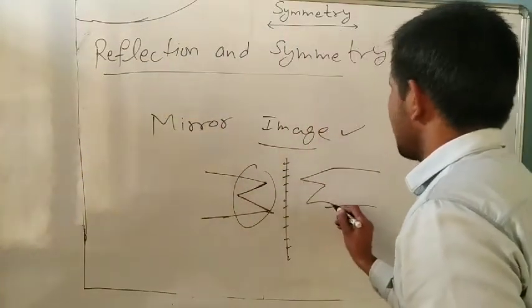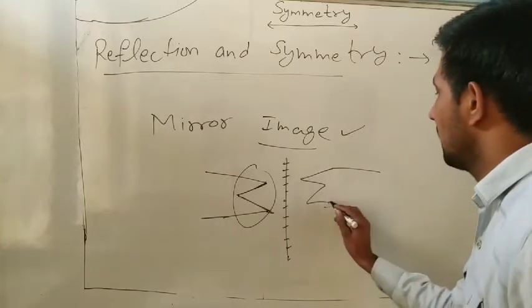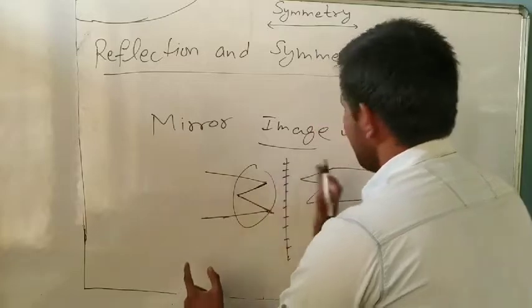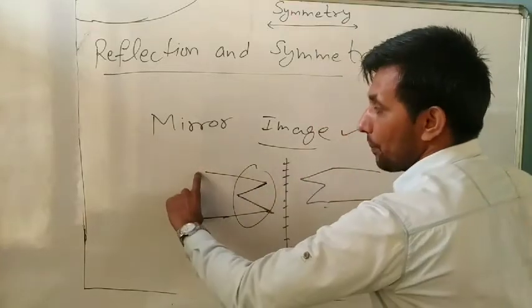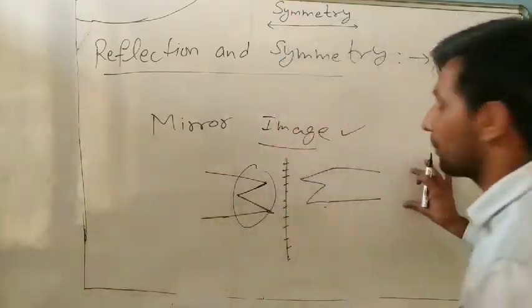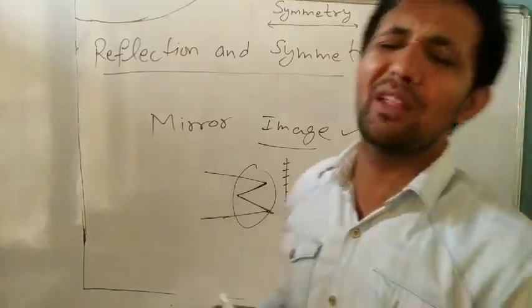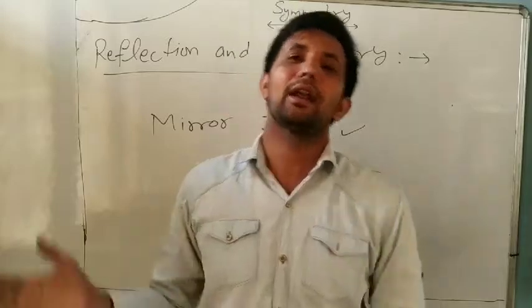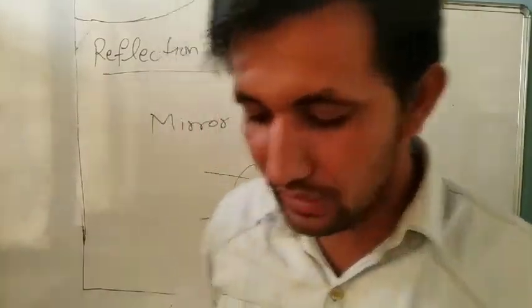Yes, like this one, it is the image. Understand? This is open on the left side, but in the image it is open on the right side. So only one thing to remember, very simple: in a mirror, left becomes right and right becomes left.